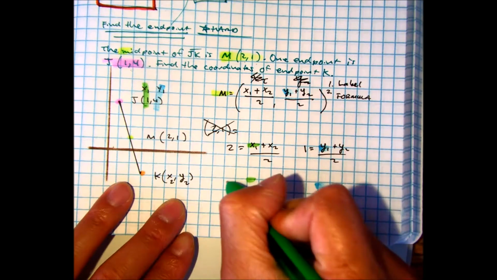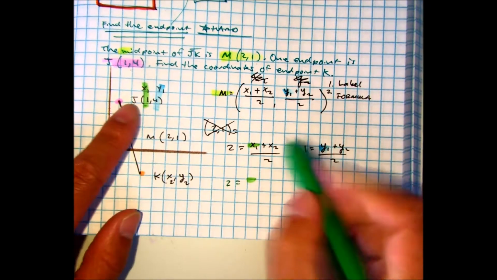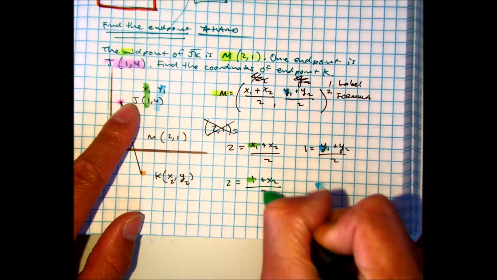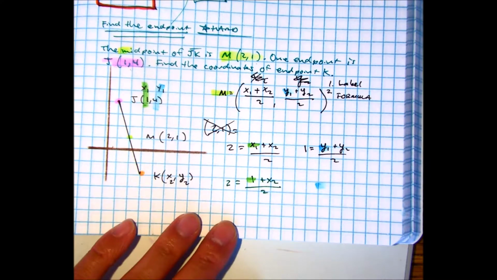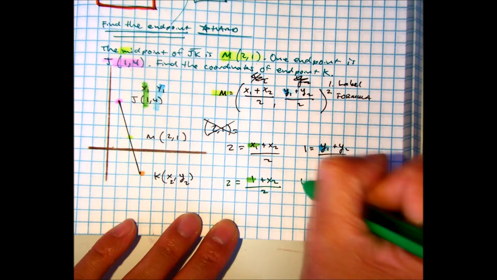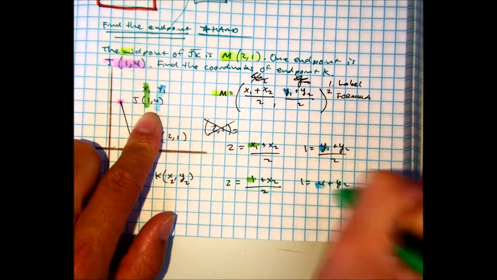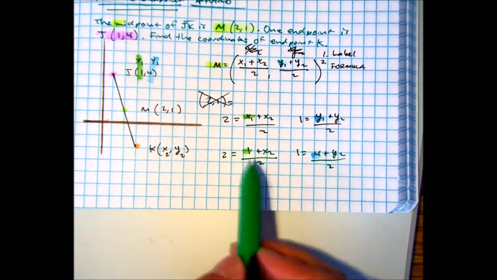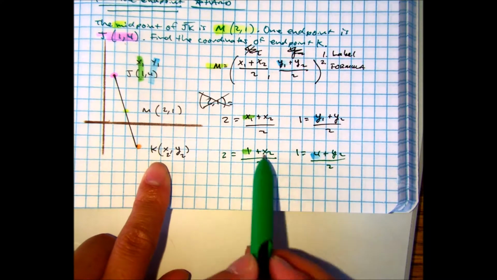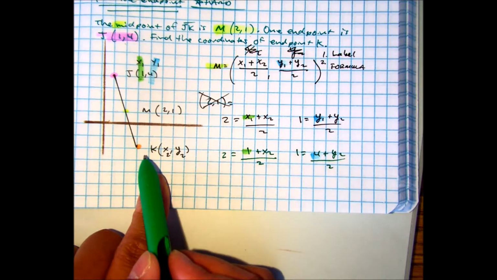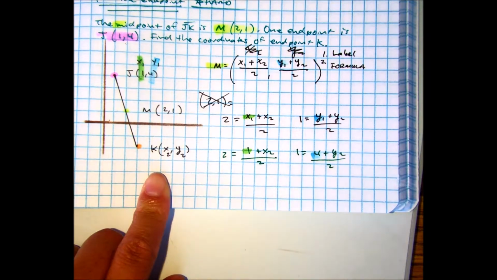So I have 2 equals 1 plus x2 over 2. And this one over here says 1 equals 4 plus y2 over 2. And then all we're essentially doing is solving for x2 and y2, and this gives us the coordinates for K. So let's go ahead and solve that.